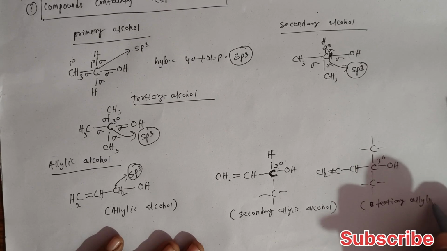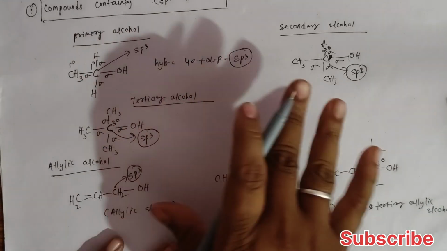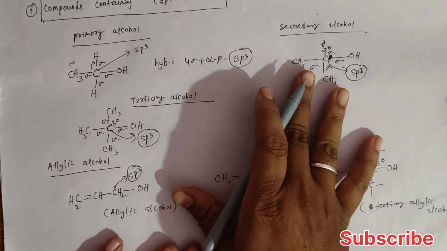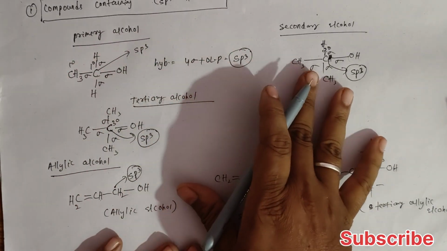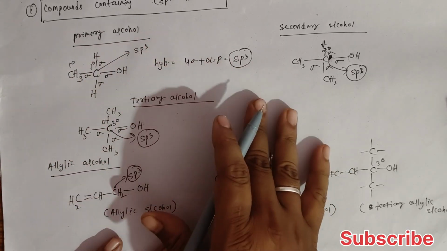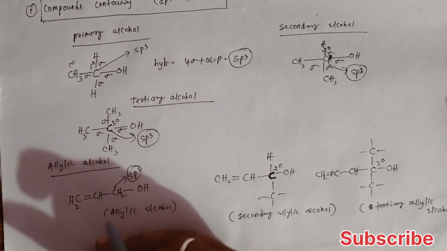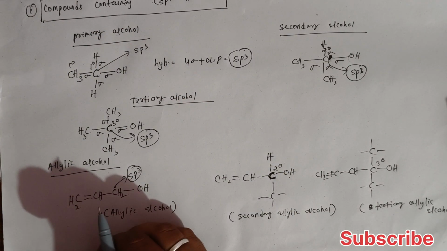I hope it is clear to all of you. So in this class we can clearly classify all the alcohols connected to an OH group where the carbon atoms are sp3 hybridized.